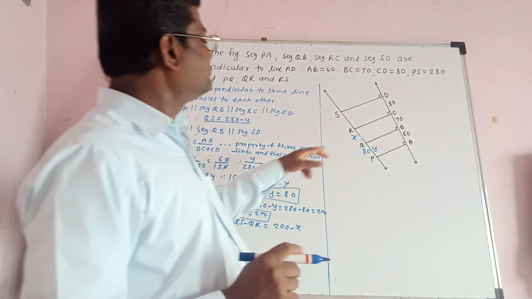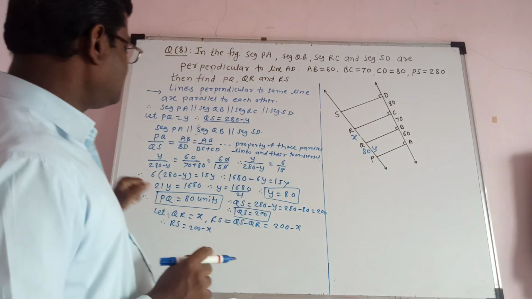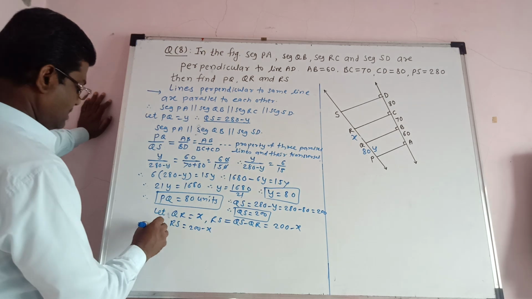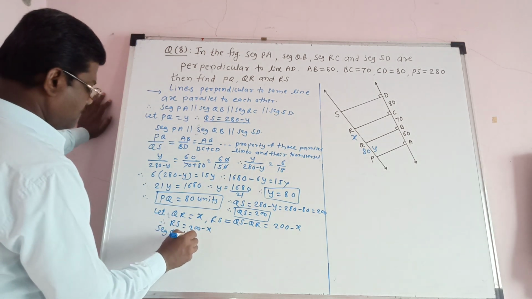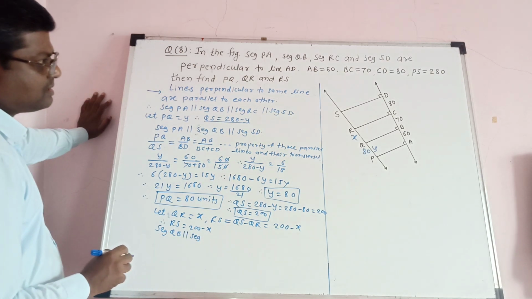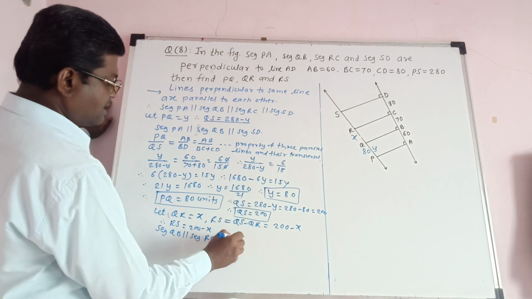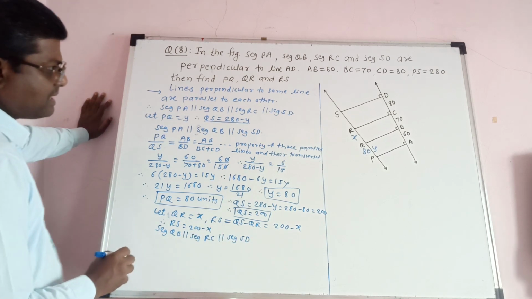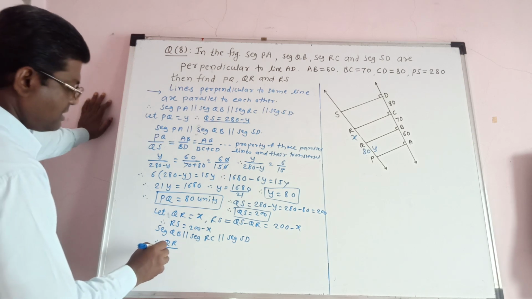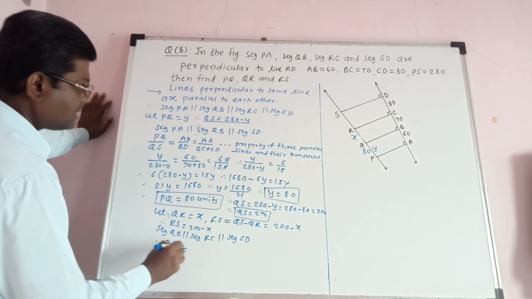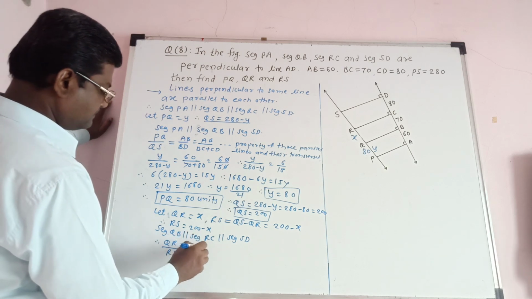Now QB is parallel to RC, which is parallel to SD. Therefore QR upon RS is equal to BC upon CD.